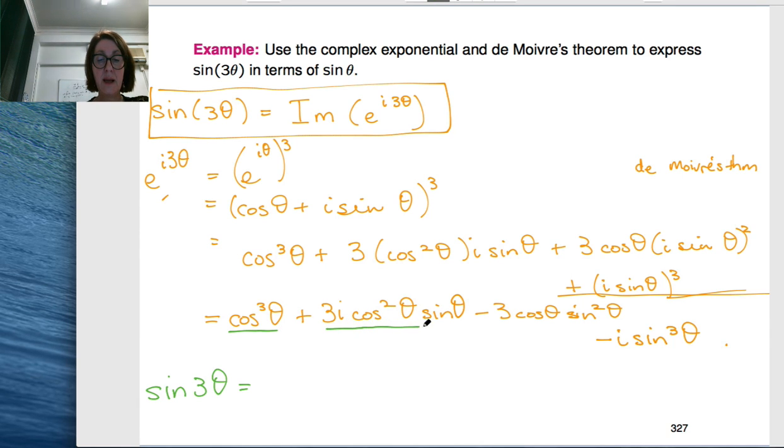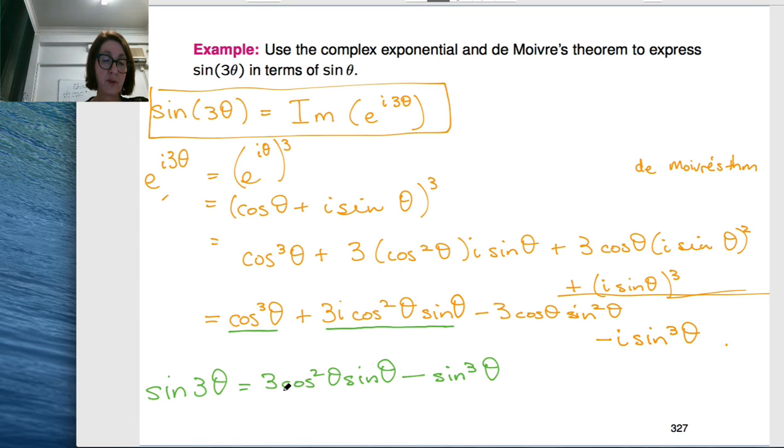This one has an i, so 3 cos squared theta sine theta is in the imaginary part of the complex number. This one is a real number, it doesn't have any i's in there, but this one does. So it's minus sine cubed theta. So the imaginary part of e to the i 3 theta is 3 cos squared theta sine theta minus sine cubed theta. Okay, well I'm almost there but not quite, because what I was asked to do was write sine 3 theta in terms of sine theta.